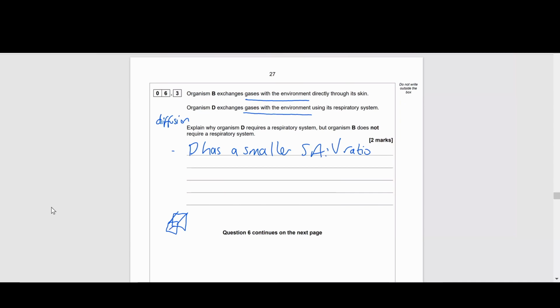So if the gases that the organism wants to take in are in the environment, and we want that to get into the organism, if the surface area to volume ratio is smaller, that will mean that the diffusion will take longer. The other thing that could be said is the diffusion pathway is too large.